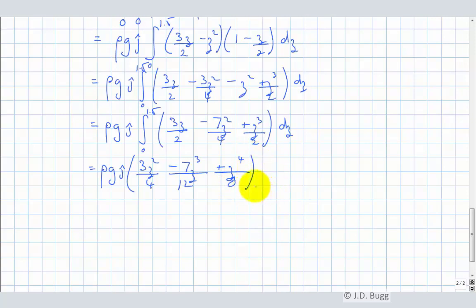And that's going to be evaluated from 0 to 1.5, which is just 3/2. So this is rho gj times 3/4 times z squared, which is 27 over 8, plus 1/8 times z to the 4th, which is 81 over 16.